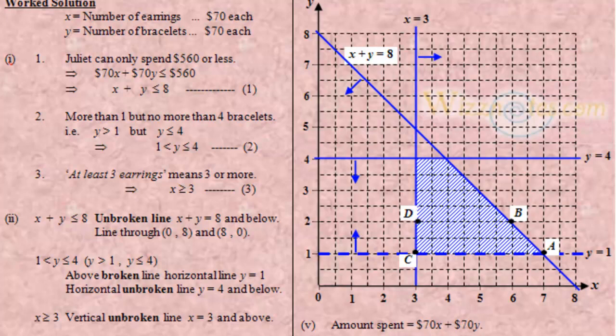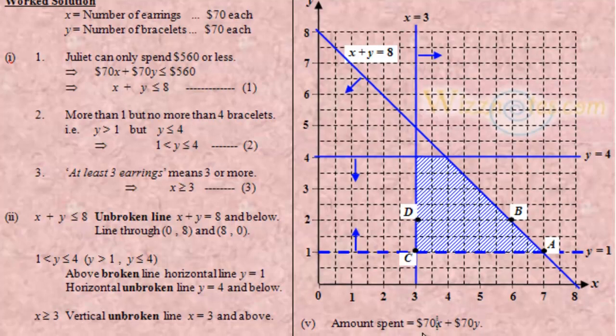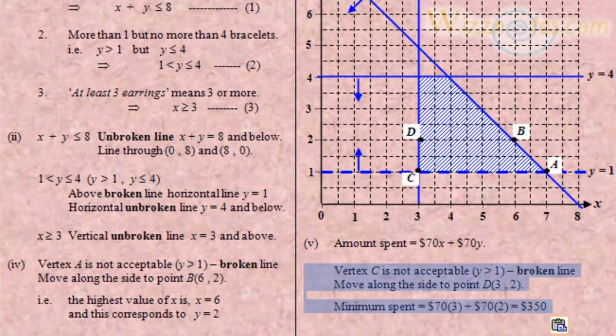So we can go ahead and put in that statement. What we are saying is that the vertex C is not acceptable because y has to be greater than 1, and that point is on a broken line, and we cannot accept points on a broken line. And so we move along the side to point D. That's the first valid point along the side.